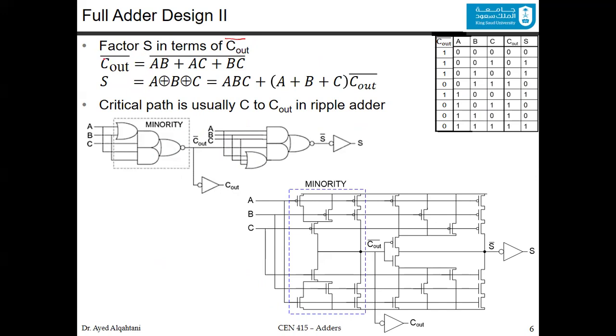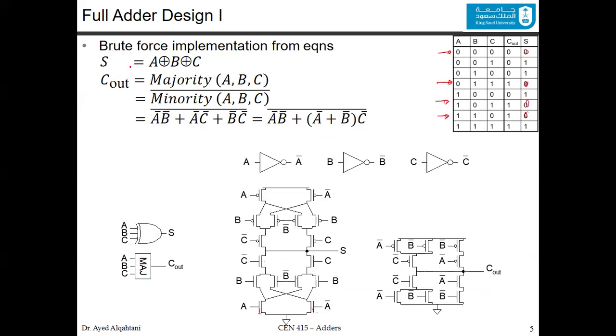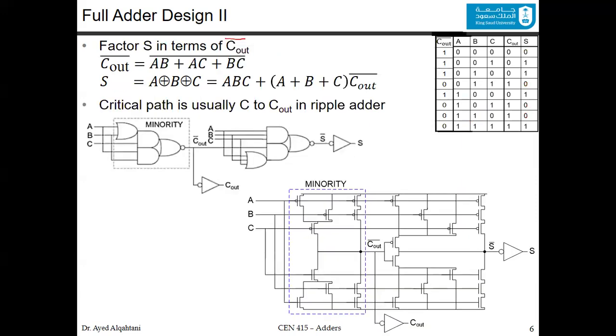So we know that the carry out is actually what we discussed before, that it is the minority all bar. That's the carry out. So the carry out bar would be the majority, the majority all bar. That's the carry out bar.